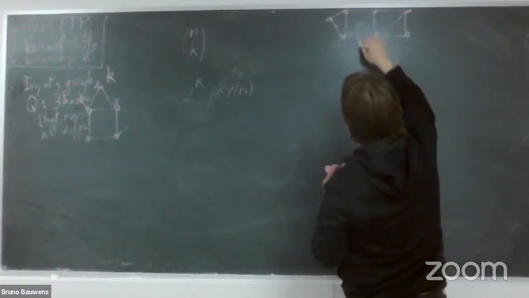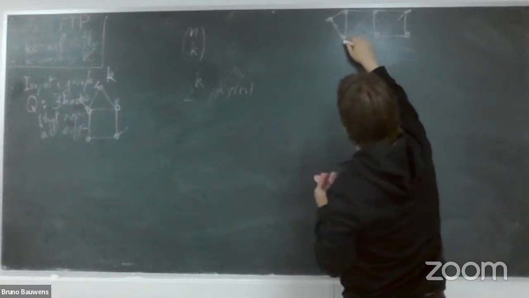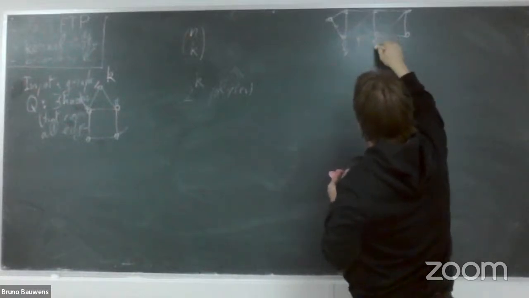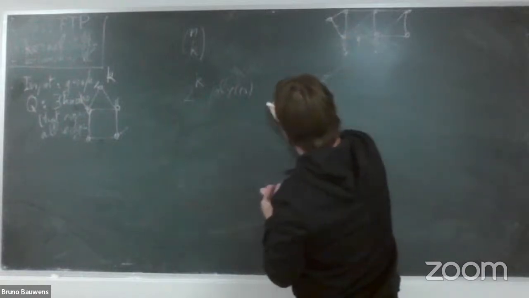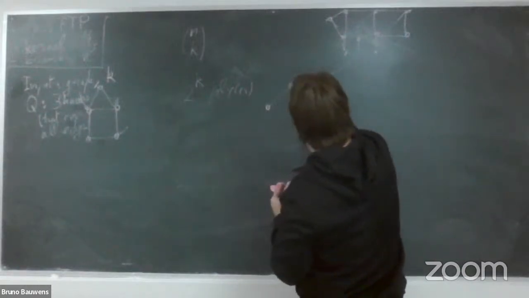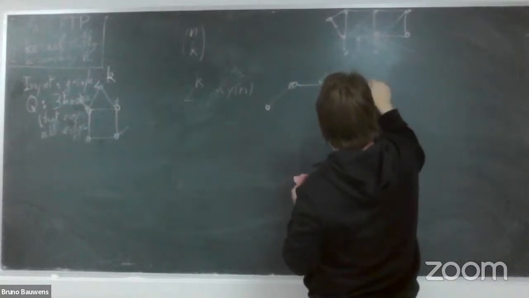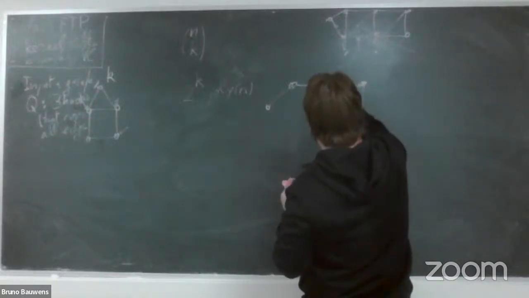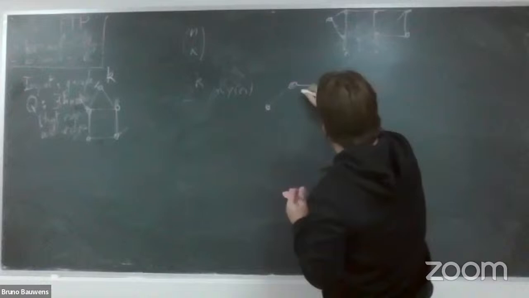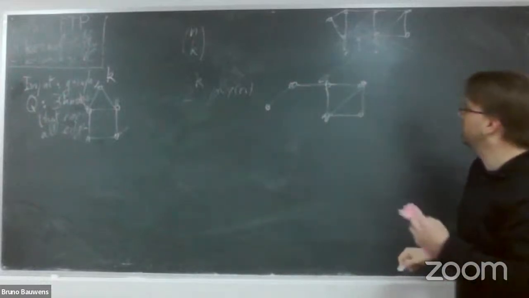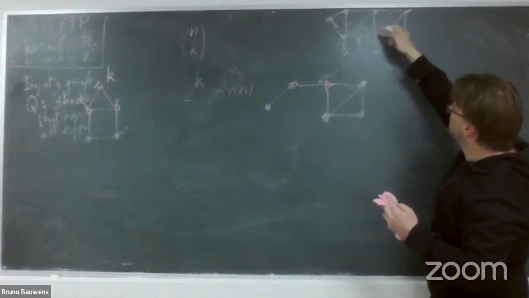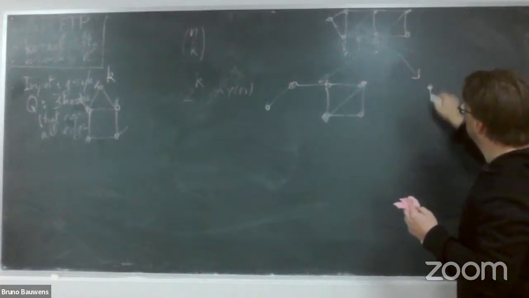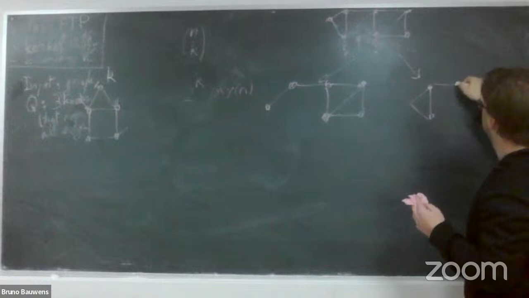So let us look at this edge, and then there are two cases. In the first branch, we remove this node, and what is left is this thing. And in the other case, we add this node, and then what is left is this triangle.